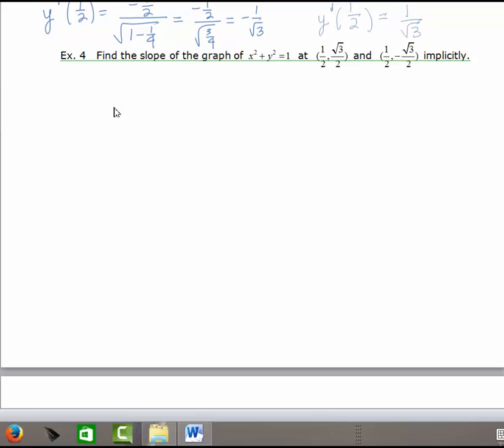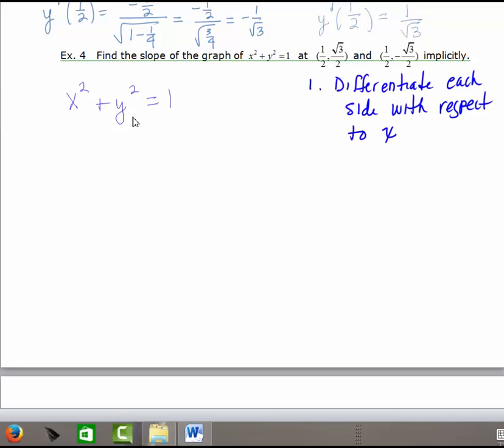And so this is how we use implicit differentiation. Let's start with the equation x squared plus y squared equals 1. We're going to differentiate each side with respect to x. So when I take the derivative of an expression that has an x in it with respect to x, I use the rules as I always have.